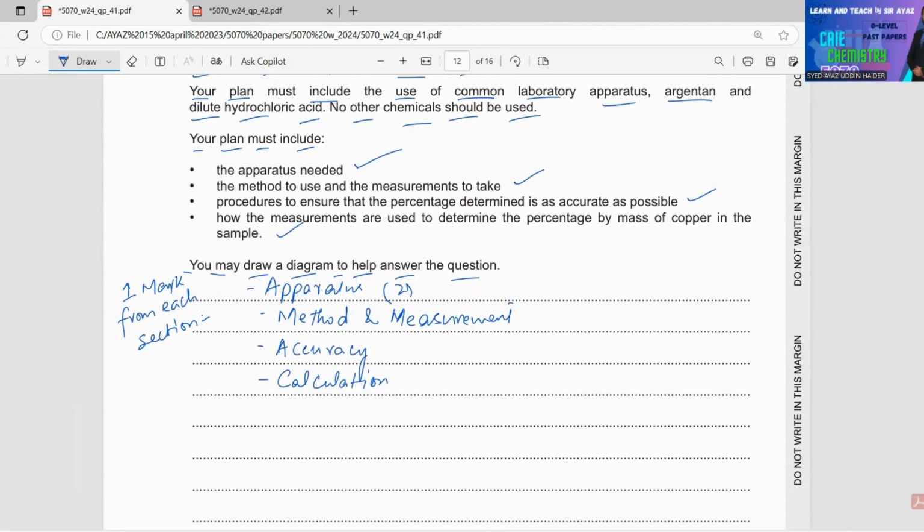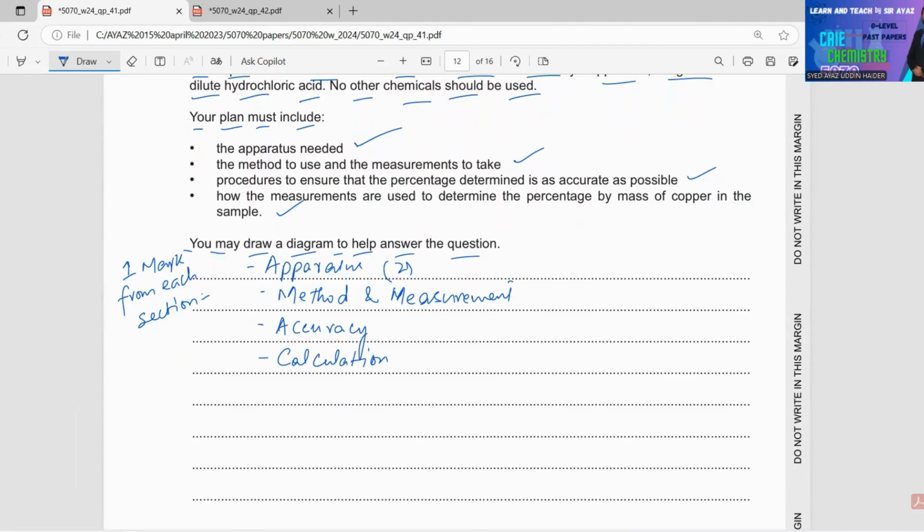Now we are left with 4 marks. For the method and measurement: weigh the mass of alloy, and name the alloy, which is Argentine here.